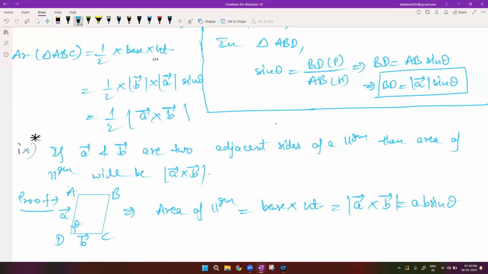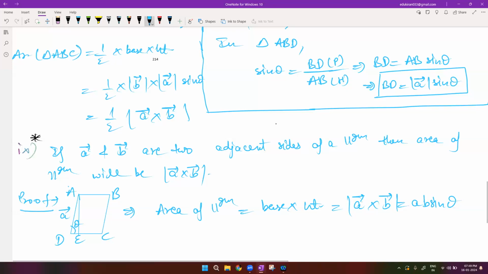So let's take this B as base. Then this would be your height. Let's call it AE. AE would be your height.